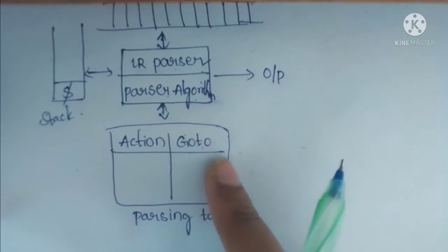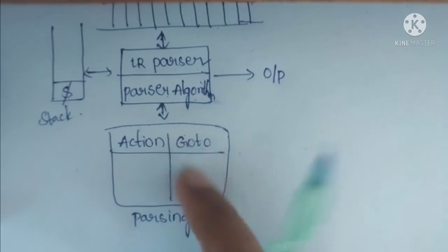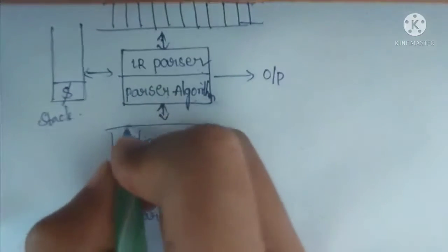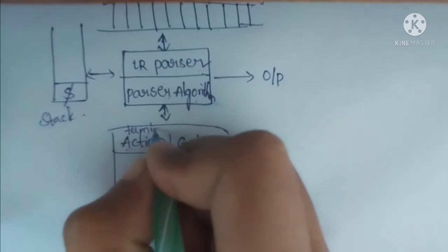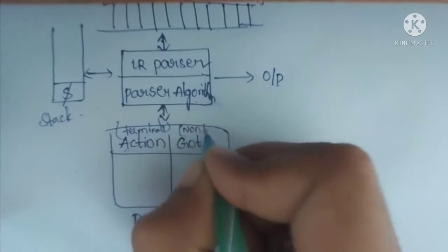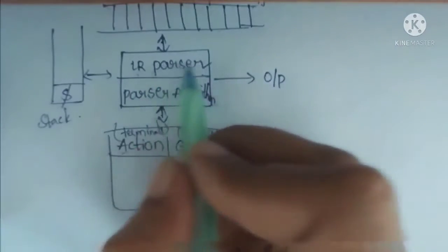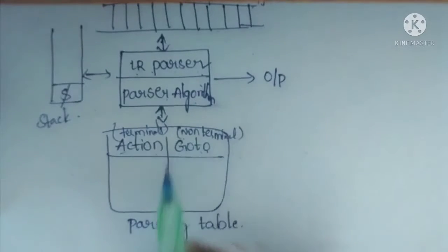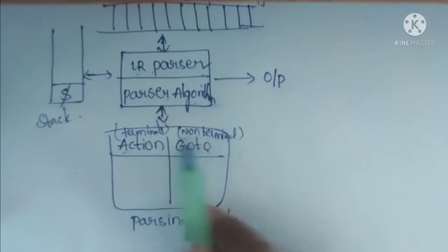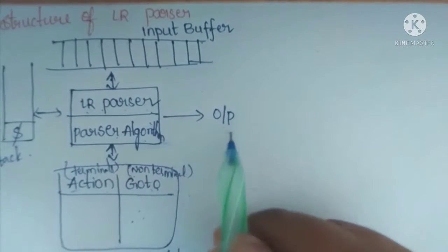In the action part we see the terminal symbols, and in the goto part we see the non-terminals. So in the LR parser we construct the parsing table, and after construction of the parsing table we get the result as output. This is the structure of the LR parser.